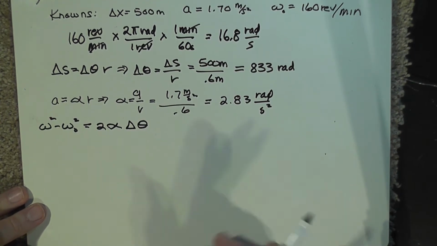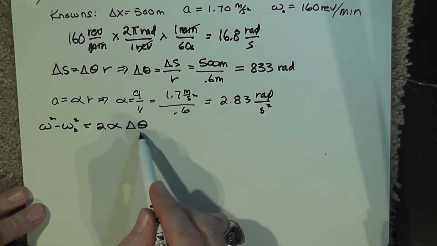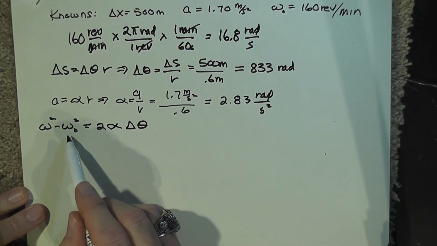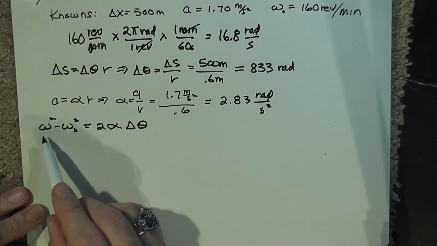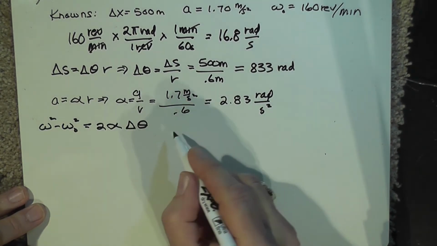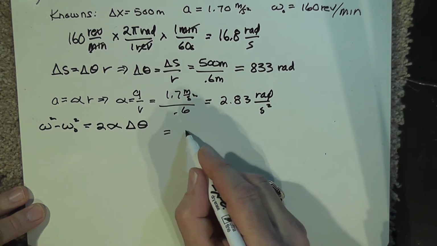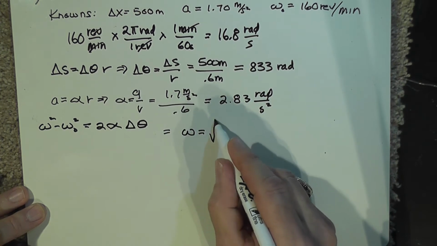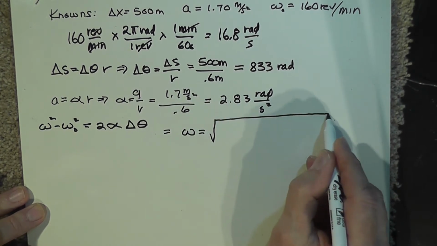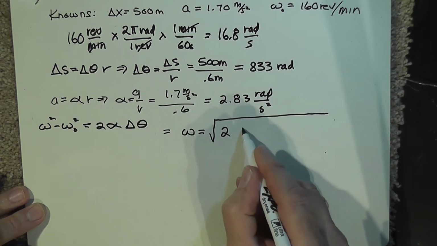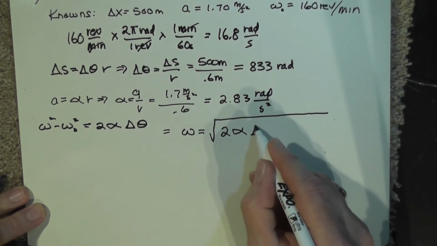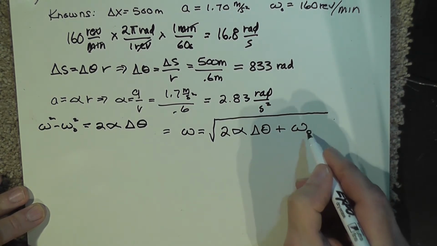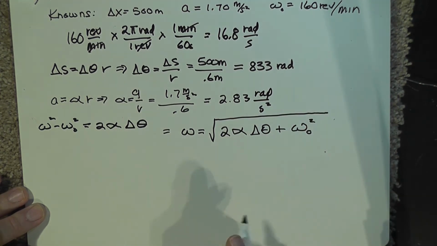We know what delta theta is, we know what alpha is, and we know the initial angular velocity. We need to find the final. So the final angular velocity is going to be equal to the square root of 2 times alpha times the angular displacement, plus omega naught, the initial angular velocity, squared.